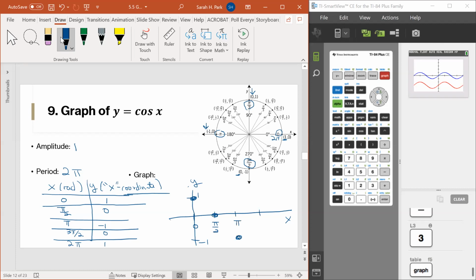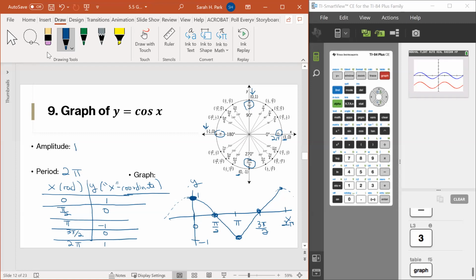At 3 pi over 2, it's 0. And at 2 pi, it's 1 again. So here it is. It doesn't look like a wave yet, but this also continues. If we were to keep drawing this, we would keep going. But remember the sine function started at 0, 0. The cosine function starts at 1. At 0 radians, cosine is 1.